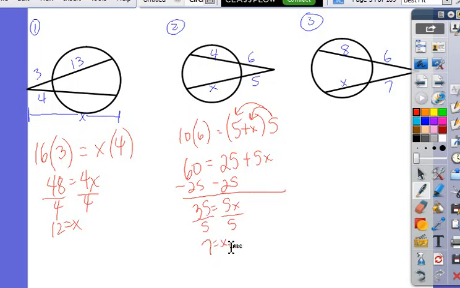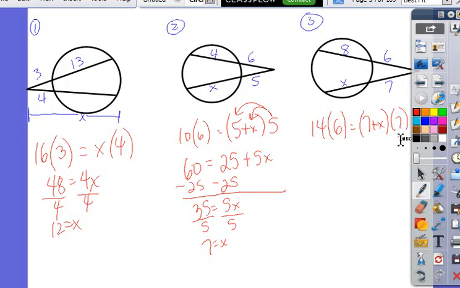Alright, see if you can do number 3 like that. Which one is it going to be like, 1 or 2? 2. It's going to be like number 2. Let's look at number 3. Tell me the equation, the setup that's going to work. 14 times 6 equals... the whole thing times the outside. 7 plus x is the whole thing times the outside 7.